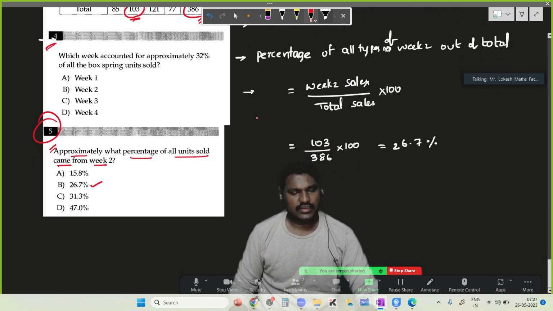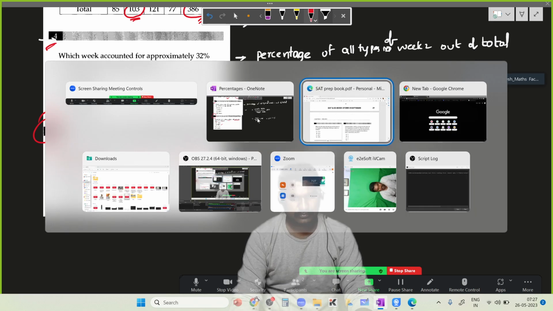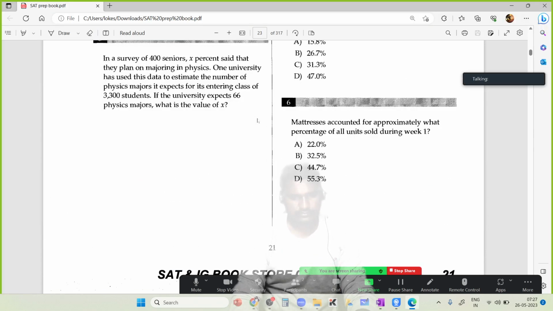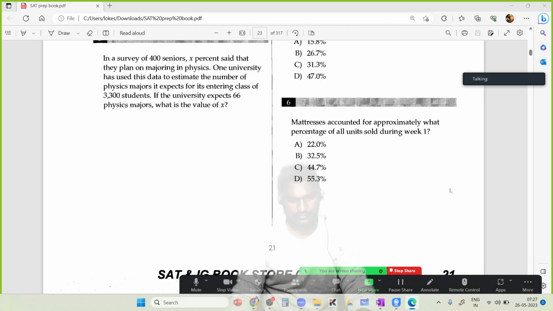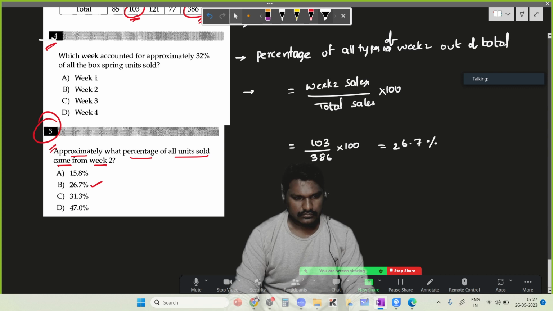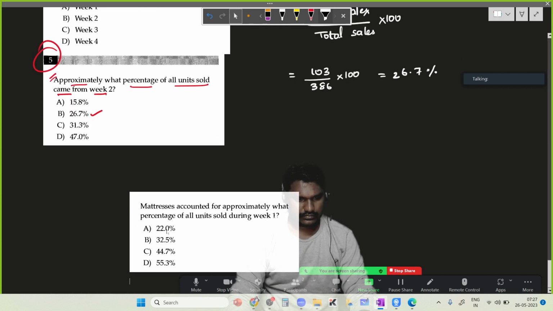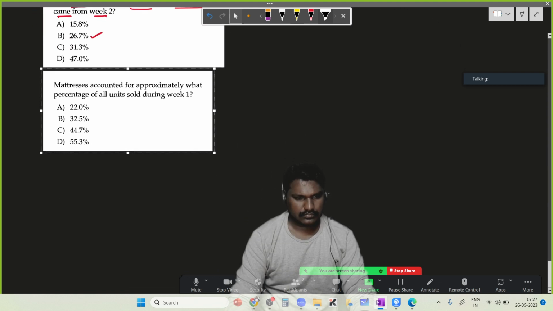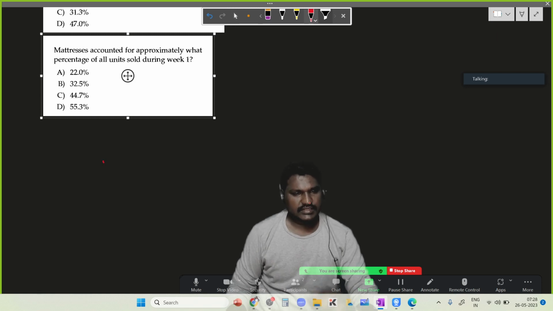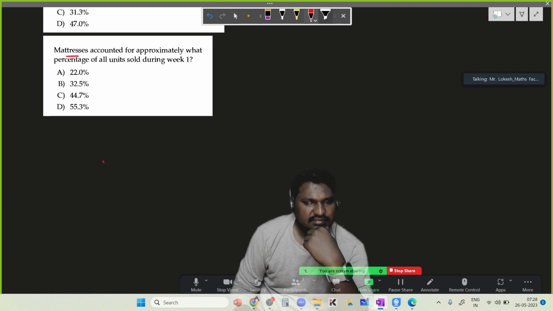Now for the same data, we got one more question. He is asking to find what percentage of all units sold during week 1 the mattresses accounted for.